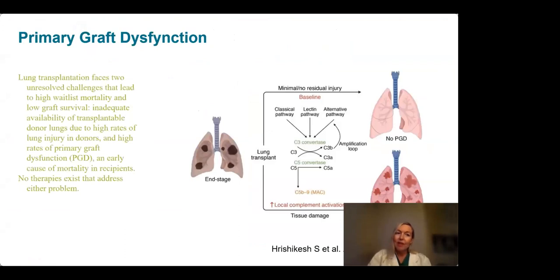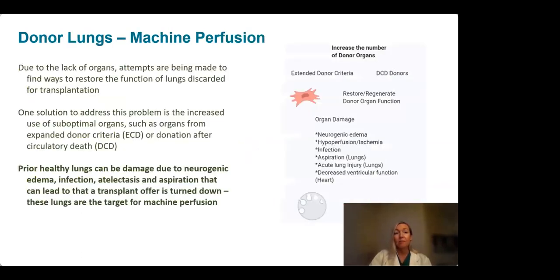You could say that lung transplantation faces 2 unresolved challenges that lead to high waitlist mortality and low graft survival: inadequate availability of donor lungs due to high rates of lung injury in donors, and high rates of primary graft dysfunction, an early cause of mortality in recipients. Those are 2 major problems, and today we don't really have a good solution or treatment for either of the conditions.